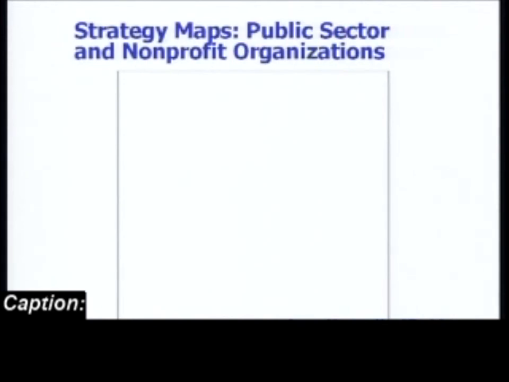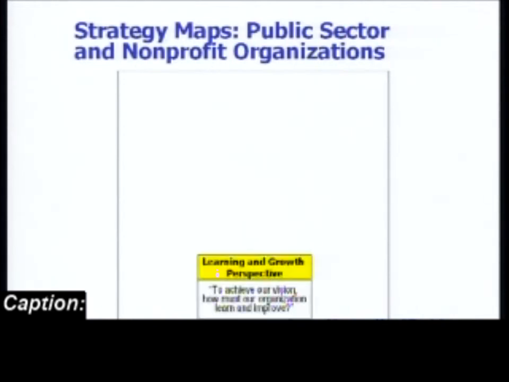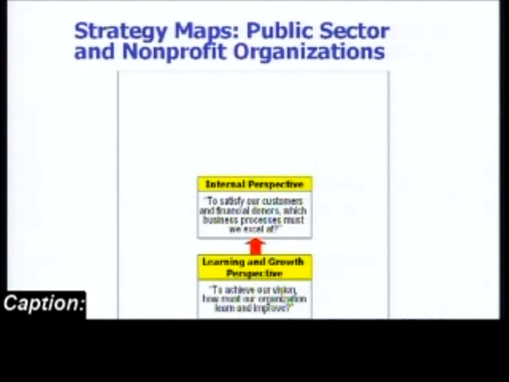For public sector and non-profit organisations, the diagram, which actually is from the 2004 book Strategy Maps, figure 1-2, is a little bit different. The learning and growth perspective is the same as we saw before. The internal perspective says to satisfy our customers and financial donors, which business processes must we excel at?